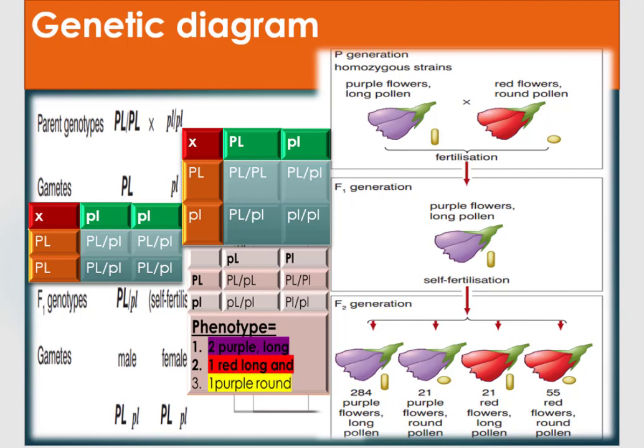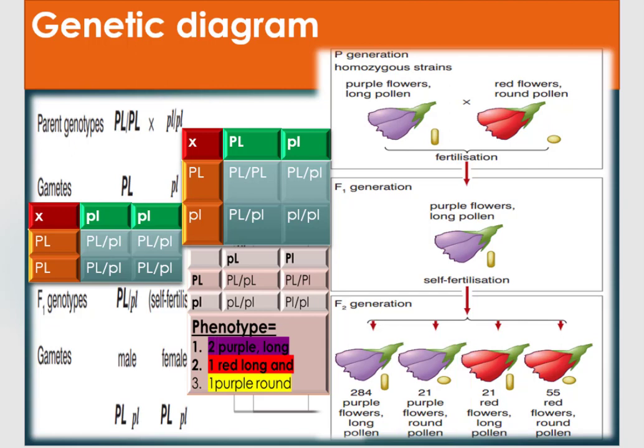Bateson and Punnett would not predict any plants that had either purple flowers with round pollen or red flowers with long pollen. You see, now purple flower goes with round pollen shape and red flower goes with long pollen shape. How can this happen?